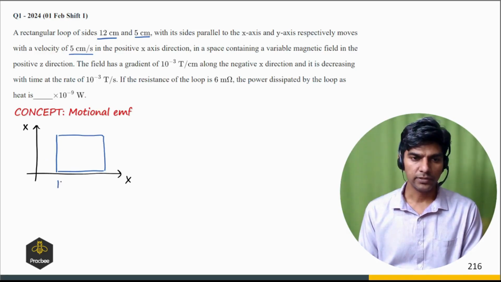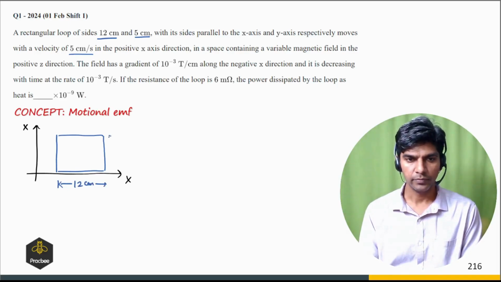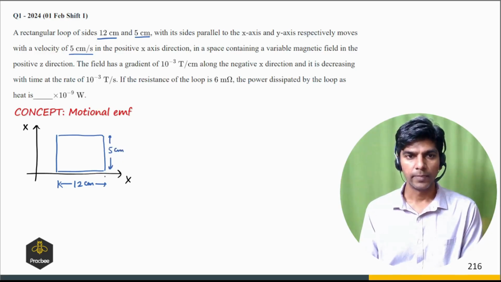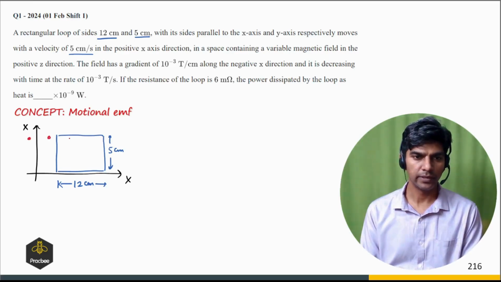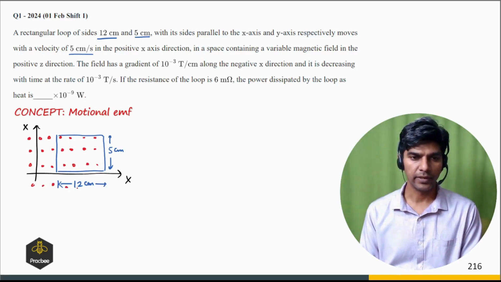The length of this loop is given as 12 centimeter, and the breadth is given as 5 centimeter. And the magnetic field is in the positive z direction, something like this. And the magnetic field is everywhere.